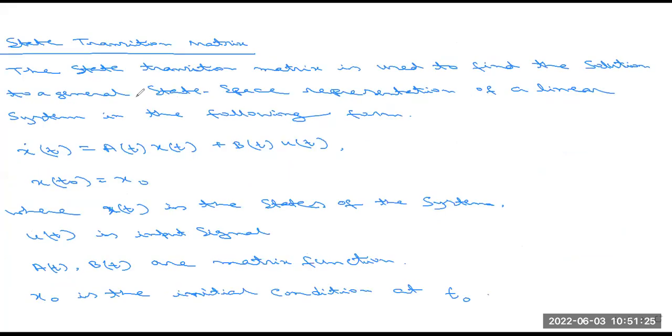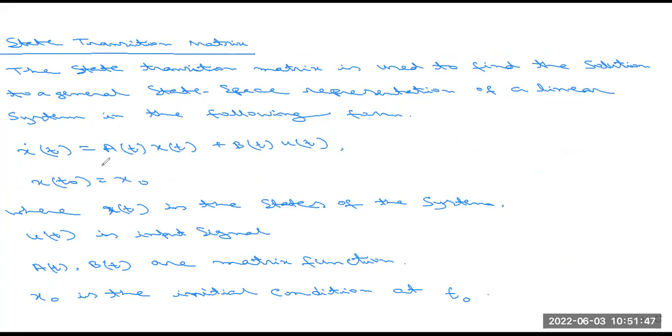Okay. So here the state transition matrix, we have to use this to find the solution of a general state space representation of the linear system. So x dot t = A(t)x(t) + B(t)u(t), you know that. And here starting is when t is 0, that is x(t0) is x0.